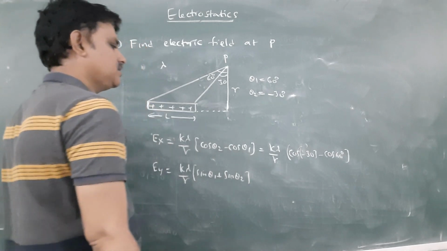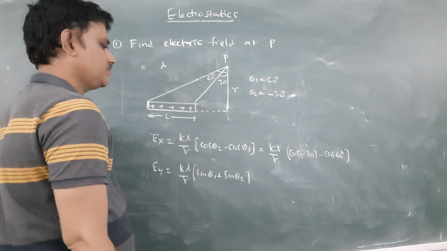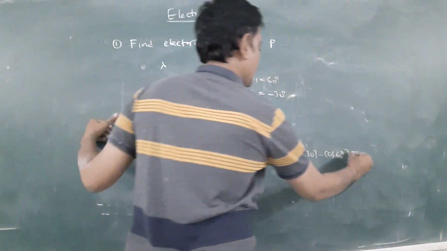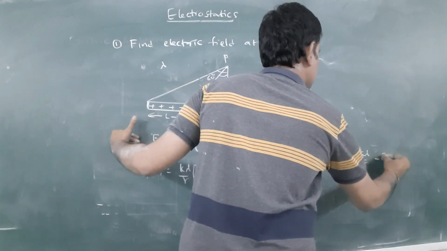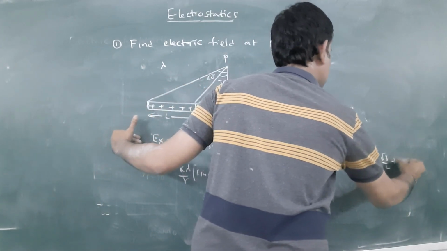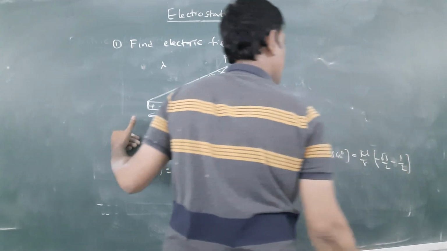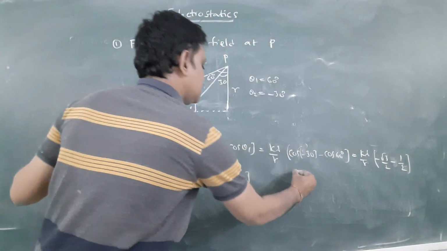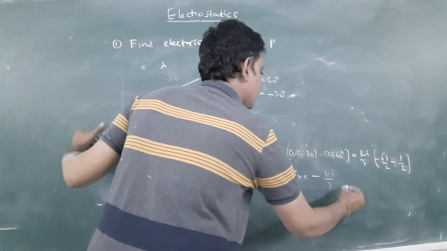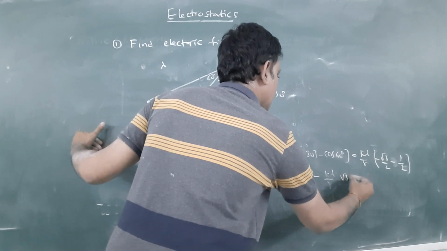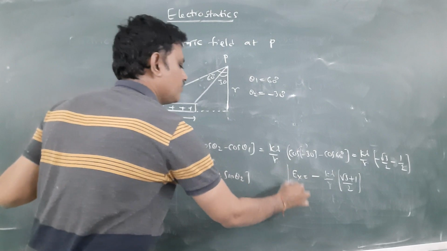So cos 30 is root 3 by 2, so k lambda by r into root 3 by 2 minus 1 by 2. So finally Ex is equal to minus of k lambda by r into root 3 plus 1 by 2. This is the Ex value.